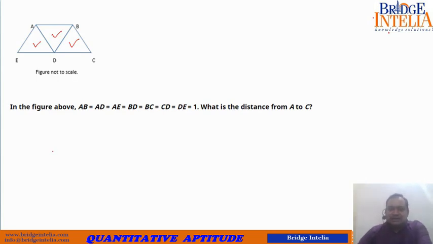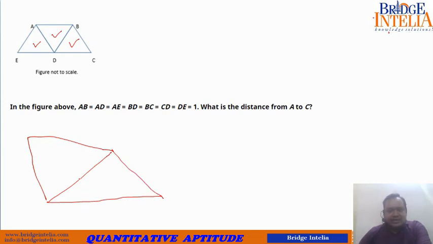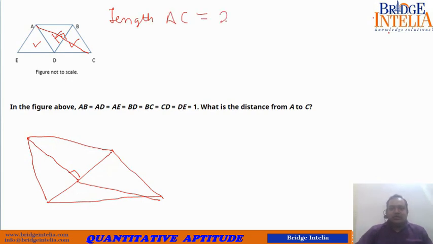So if you enlarge this diagram, if you redraw this diagram properly, things will become clear immediately. See, so these both are equilateral triangles. So this is the altitude of this triangle and this is the altitude for this triangle. So the length AC is actually twice the length of the altitude of one triangle, isn't it?